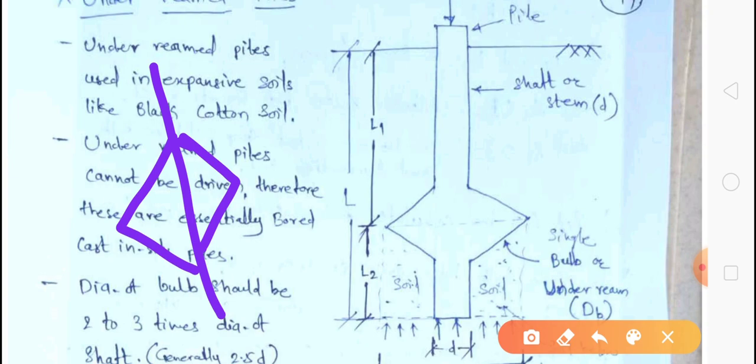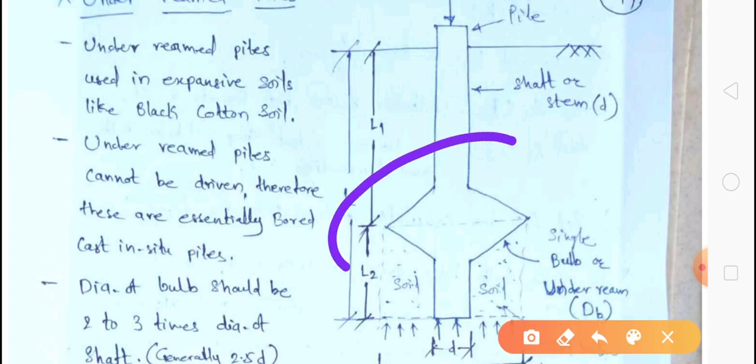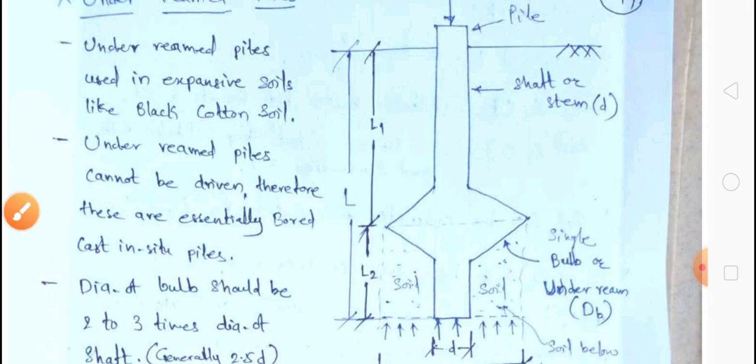So by using this instrument we can enlarge some portion of the pile, that is the bulb or under rim. We can provide a single bulb, double bulb or triple bulb, depending on the type of soil and its necessity.